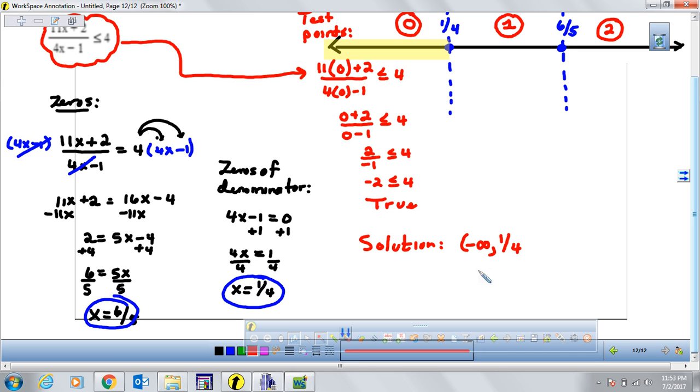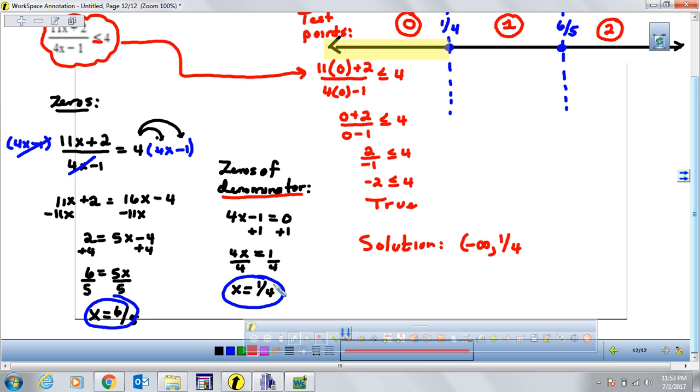Now, keep in mind that this original inequality has an equal to 4. Just because it has an equal sign, that doesn't automatically mean that this 1/4 is going to have a bracket. You need to be careful when it comes to rational inequalities, because you need to keep in mind where that 1/4 comes from. It comes from the denominator.